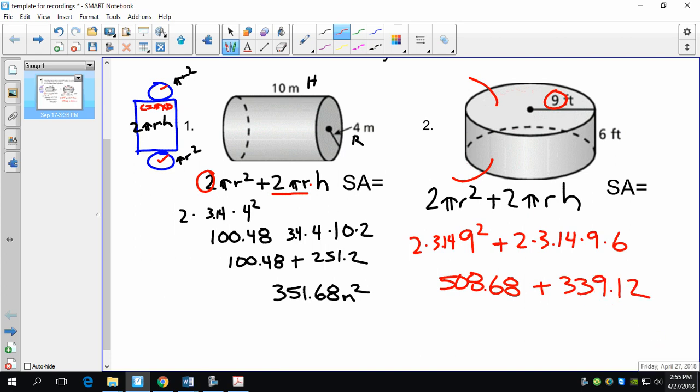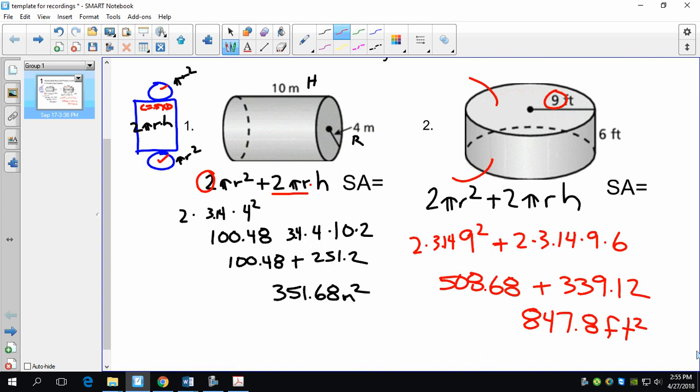So I'm going to take 508 and 339 and add those together. And I'm going to get 847.8. 847.8 feet squared. And that would be the surface area.